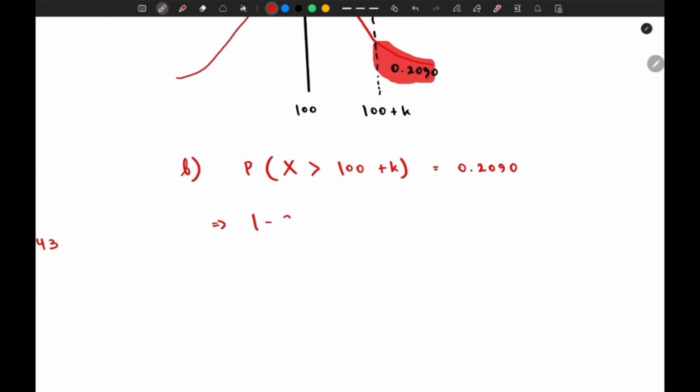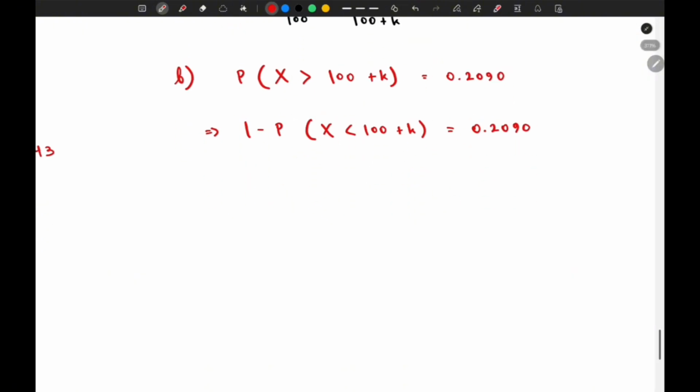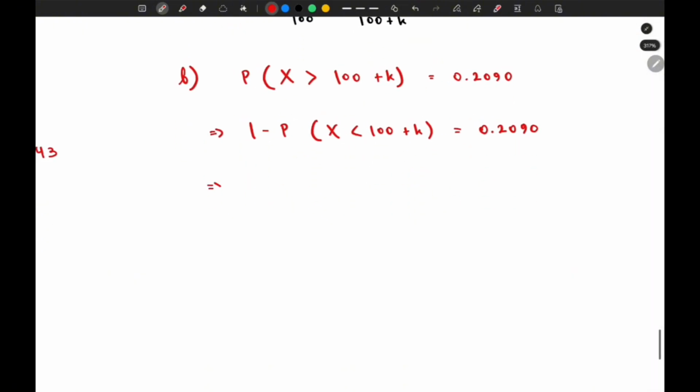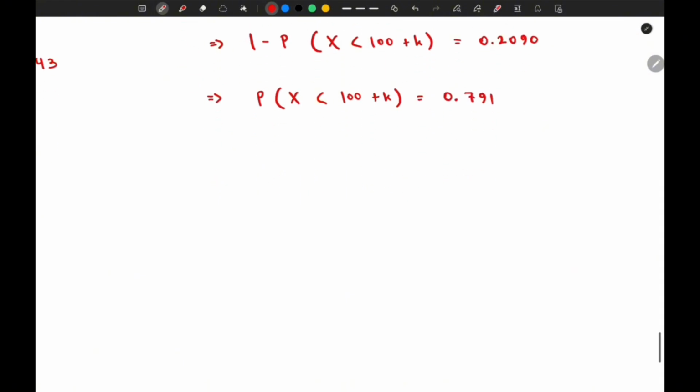So we can write this as 1 minus the probability of X less than 100 plus k, which is 0.2090. Now, if we simplify this equation, this gives us a value of 0.791.